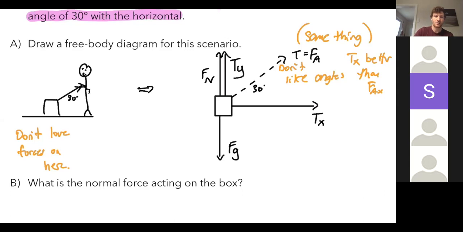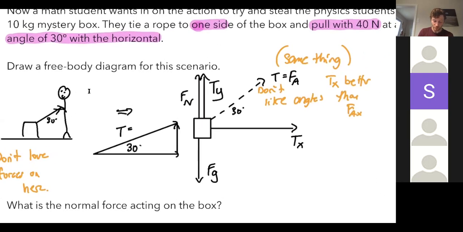Now, this triangle, this force, I'll do it over here. This is what we have. 30 degrees. There's our tension, which we know is 40 newtons.